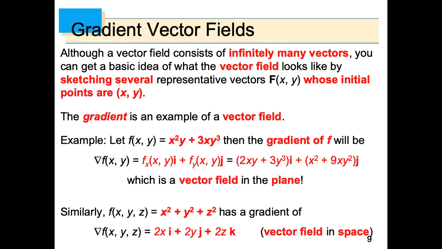Again, that is another vector field. So all you have to do to find the vector field of any function of 2 or 3 variables is compute the partial derivatives in their proper components.